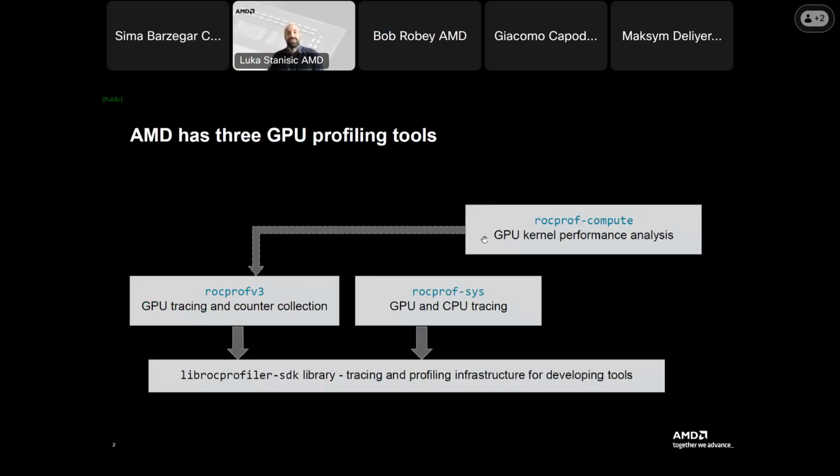So first I will talk about the rocprof-v3 tool, which is for GPU tracing and counter collection. And then I will follow up with rocprof-sys, which can be seen as rocprof-v3 plus much more. So this is not only for GPU tracing, but also for CPU tracing.